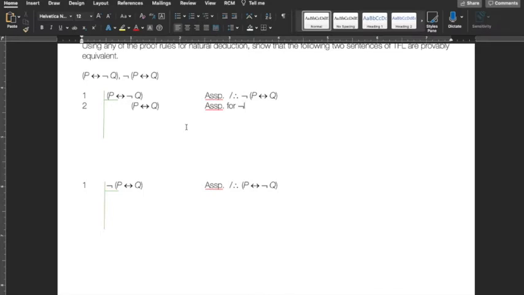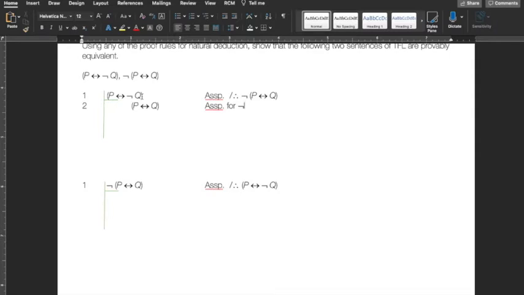You've seen that before. So here, since we have to get it's not the case that P if and only if Q, we need to start by assuming P if and only if Q and seeing if that allows us to prove a contradiction. That, along with the sentence that we started by assuming.